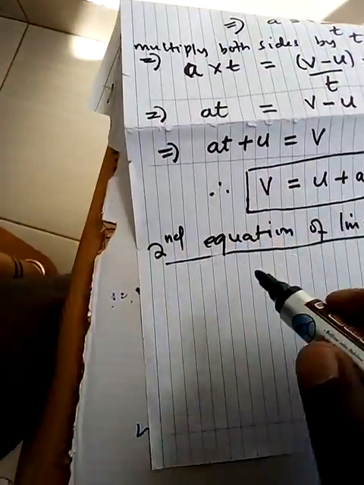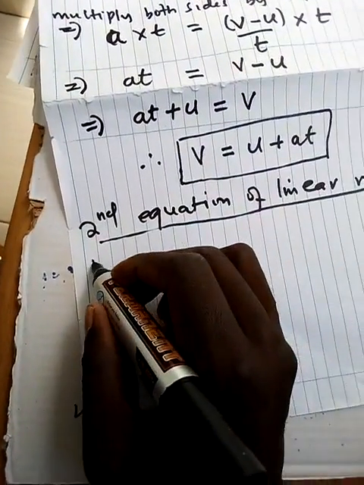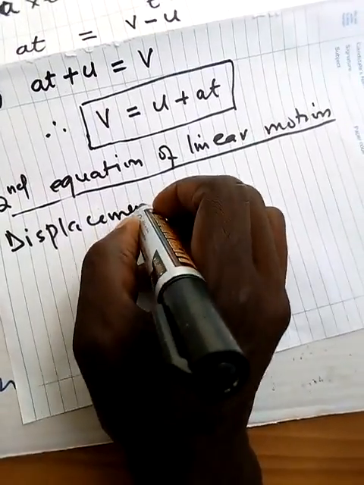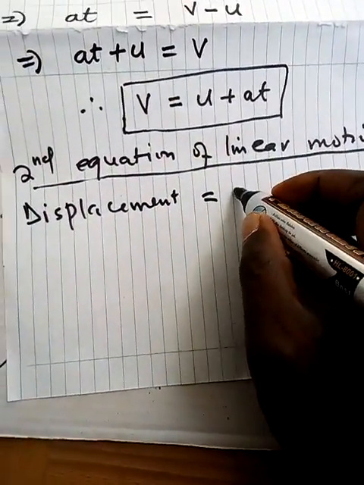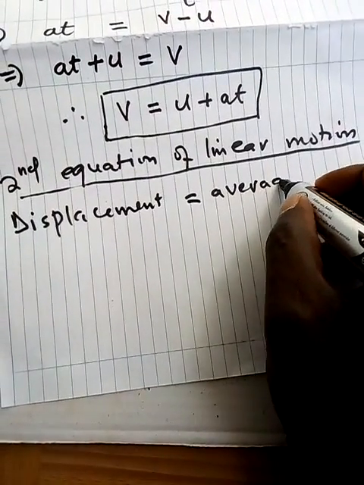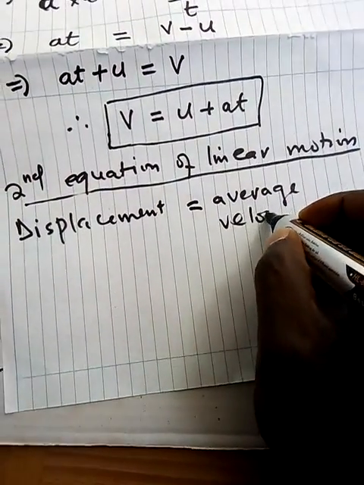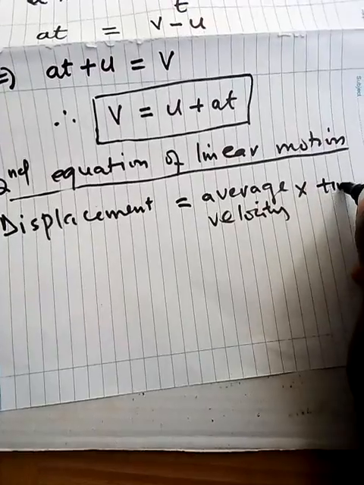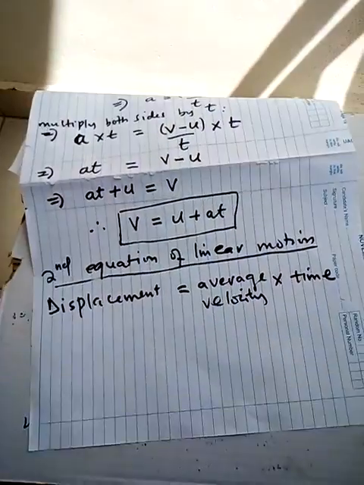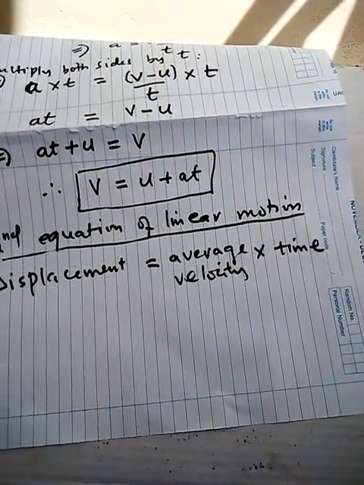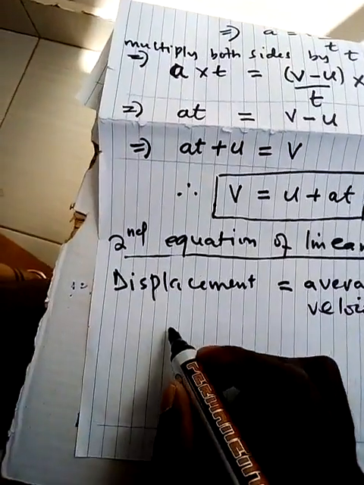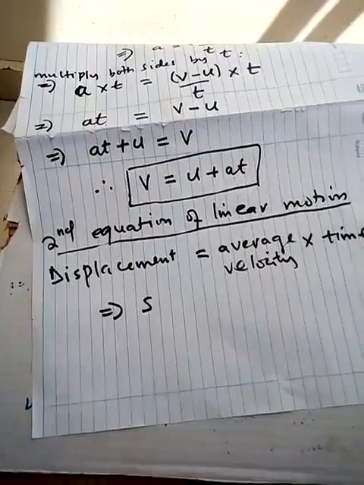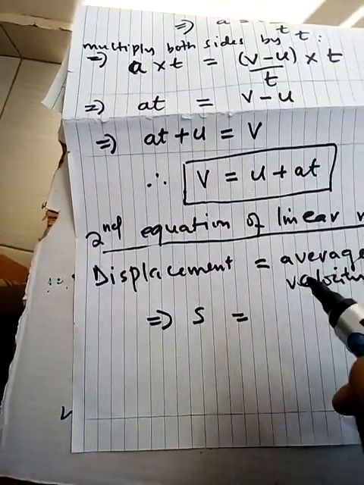What do we know about displacement, by the way? Displacement is given as average velocity times time. Remember that we said our displacement will be represented using the letter s. What about the average velocity?